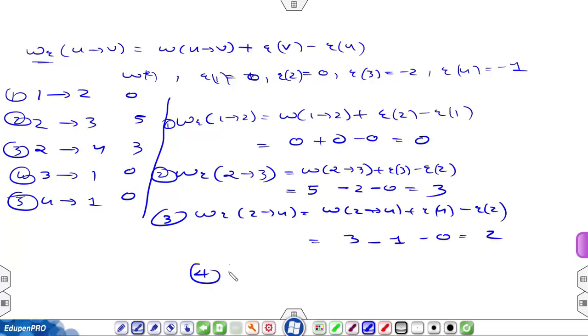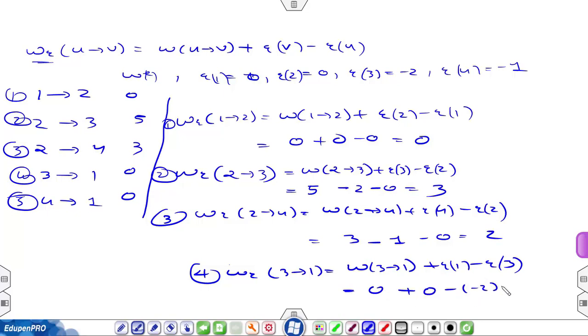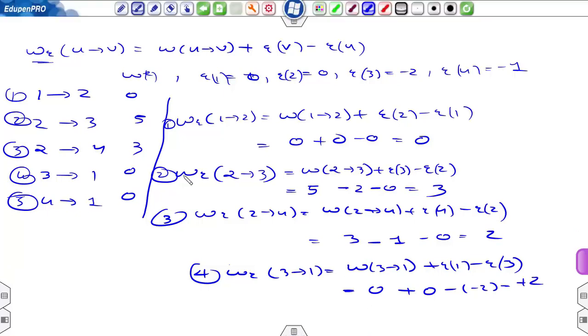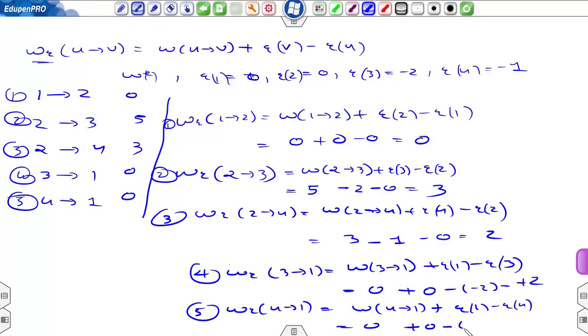Okay. WR 3 to 1 is W 3 to 1 plus R1 minus R3, so 0 plus 0 minus of minus 2, that is plus 2, and at last WR 4 to 1 is W 4 to 1 plus R1 minus R4, this is 0 plus 0 minus of minus 1, that is plus 1.